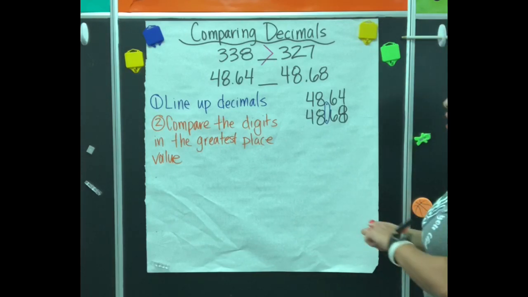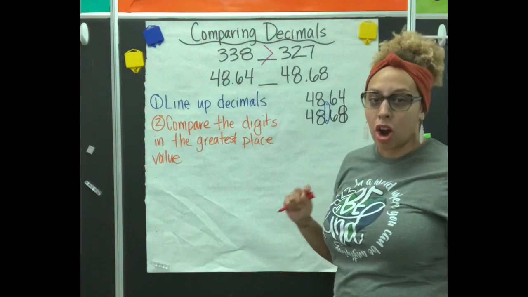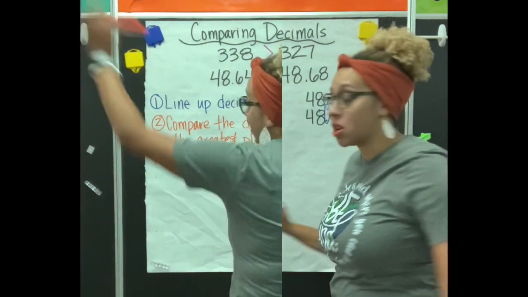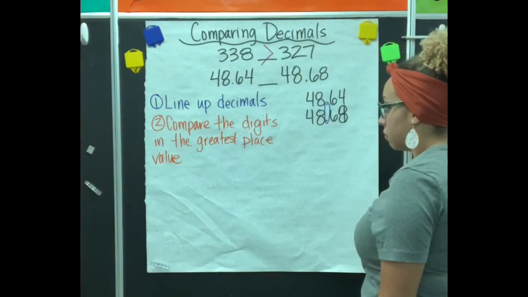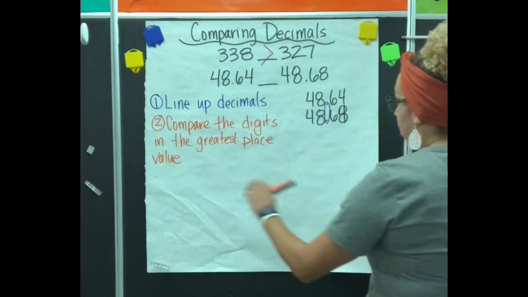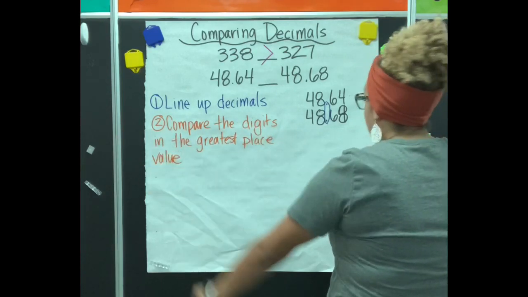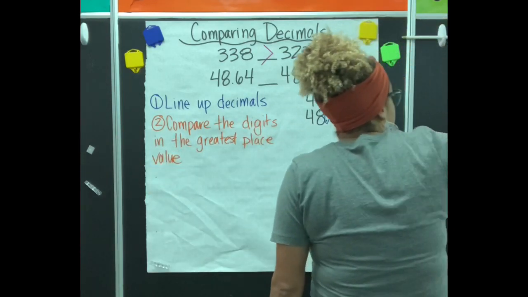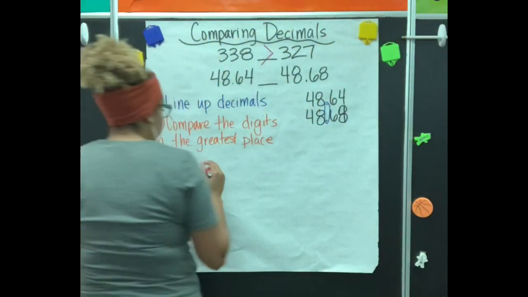That means that we are going to start on which side of the number. Where are our greatest values? Are they on the left or are they on the right? Think about your place value chart. If I'm going up the place value, are my digits bigger? Or are they bigger when I go down the place value? They're bigger on the left.